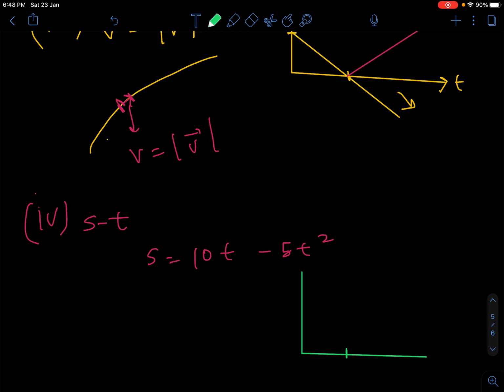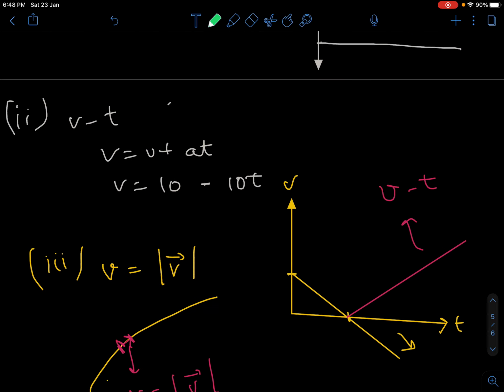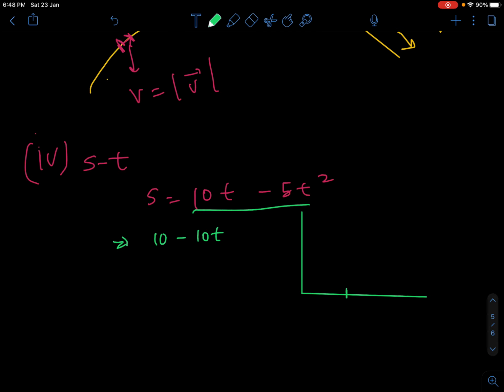And you can also do it by forming its slope. The slope will be 10 minus 10t, differentiating this term with respect to time. And the slope of 10 minus 10t we have seen here, this yellow one. So it will be like this.